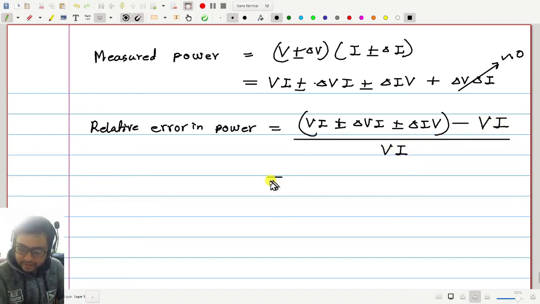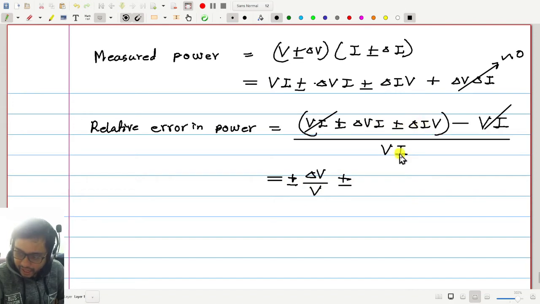Then these two you can cancel, and here you will get plus minus delta V by V, and then plus minus delta I by I.